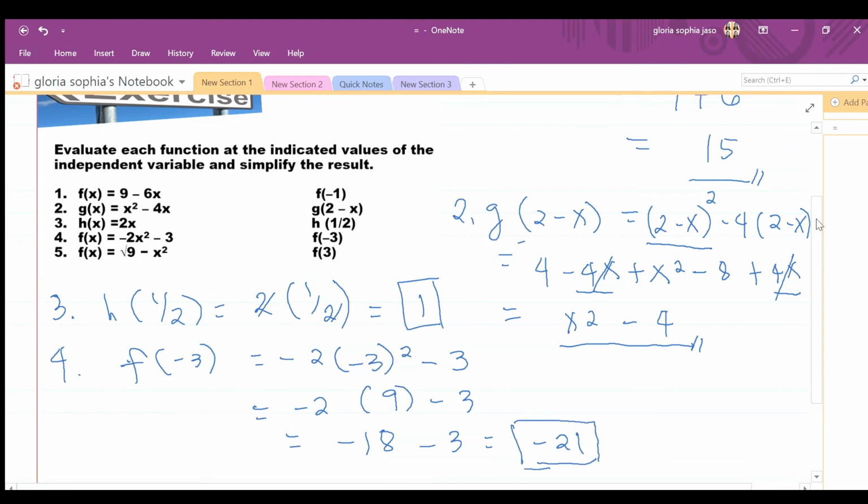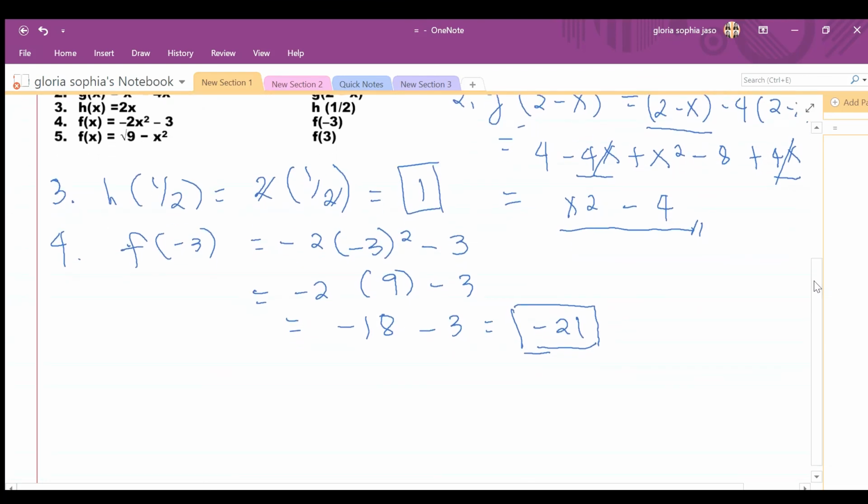Okay? So, for number 5, pull tong square root natin dito ha. So, the function is f of x equals square root of 9 minus x squared. And we are evaluating f of 3.